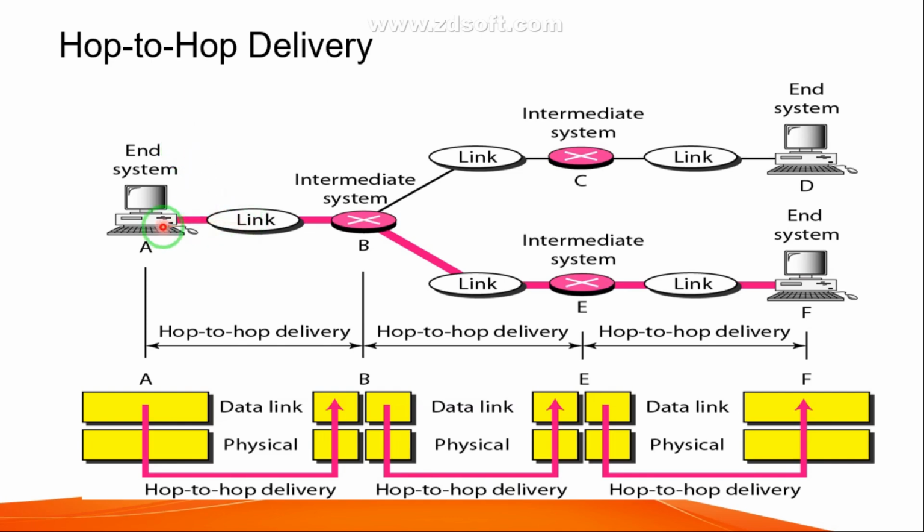Node A wants to send its data, suppose, to end system F. So the address which is present in that frame is going to tell you the sender address as well as the address of the receiver.